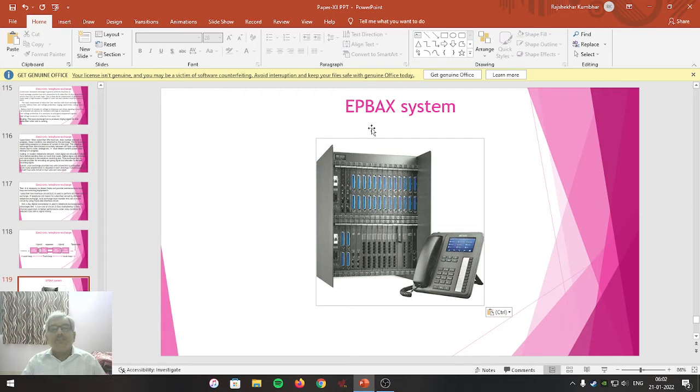Such a system is connected in a particular region, a particular area, where there is intercommunication between the departments, the persons, the subscribers who are associated with that particular system but who are far away from each other.